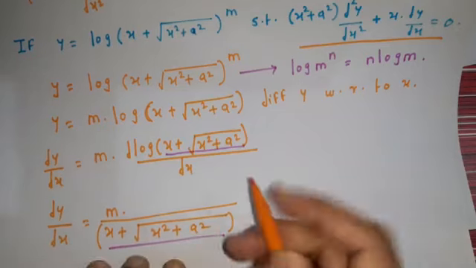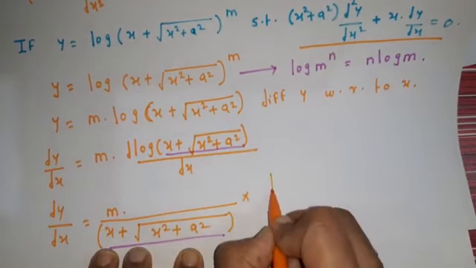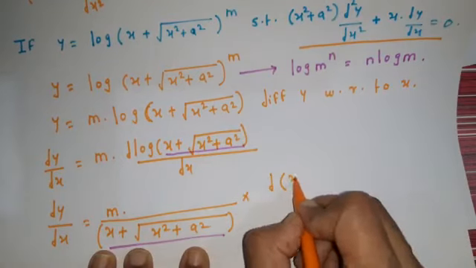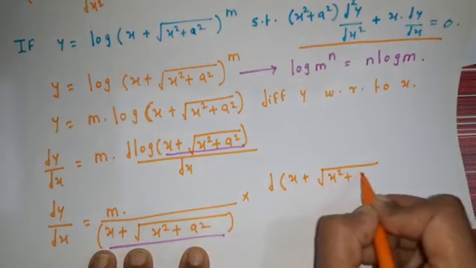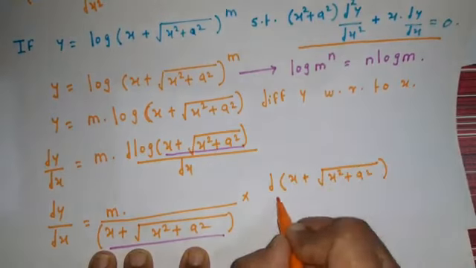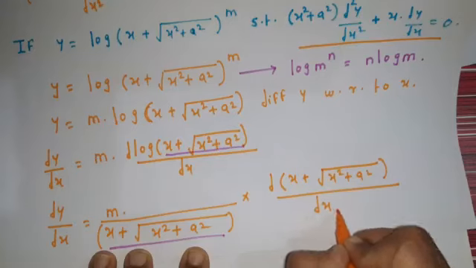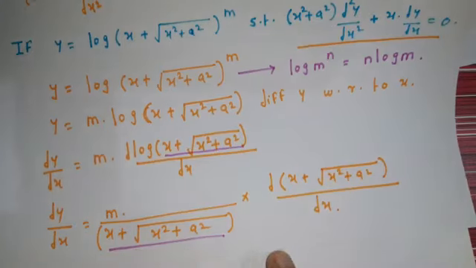Again differentiate. Therefore into differentiation of x plus square root of x square plus a square with respect to x by using chain rule. So this is again a differentiable function, that's why again differentiate.